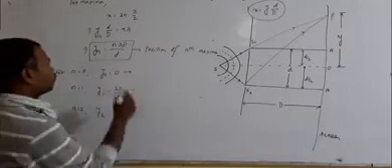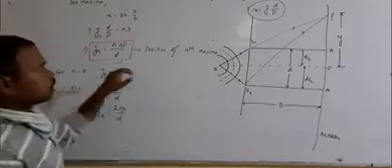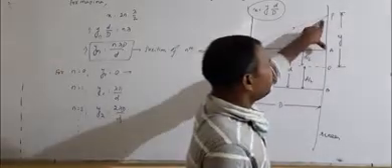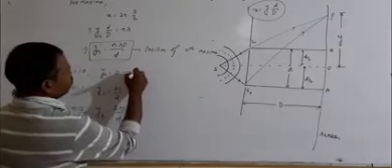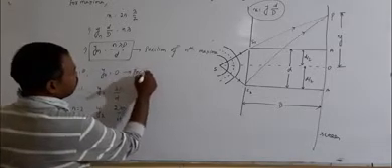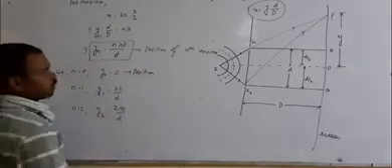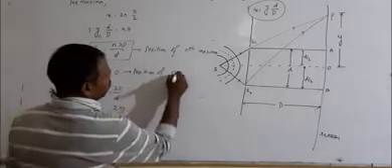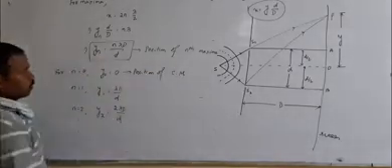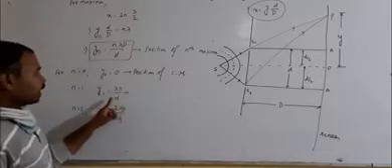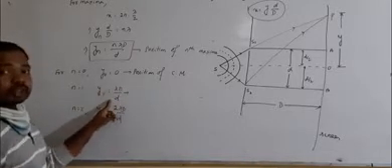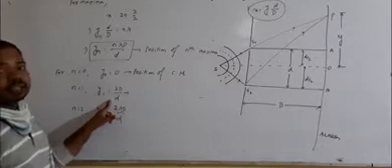Now y0 equal to 0 means the point P lies at the center. This is the position of the central maxima, because the center of the screen is bright. y1 equal to lambda D by d means at a distance lambda D by d from the center we are getting another maxima.